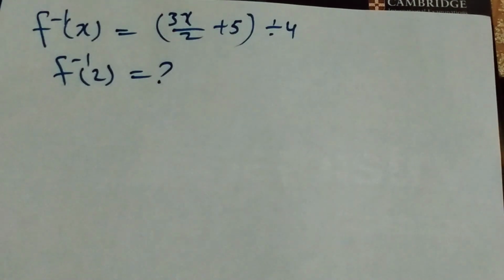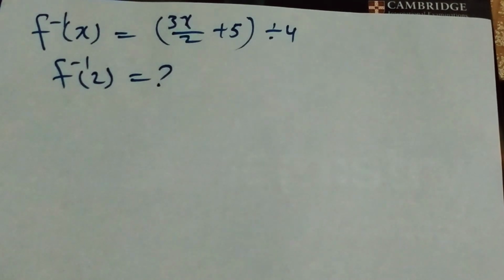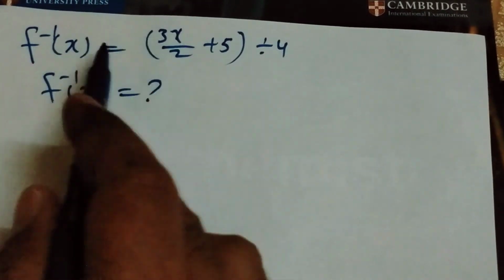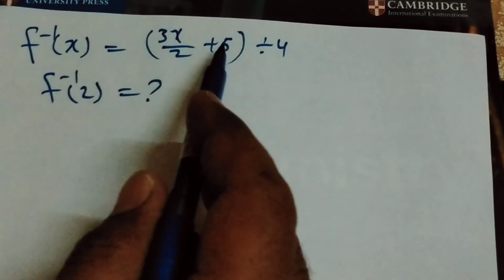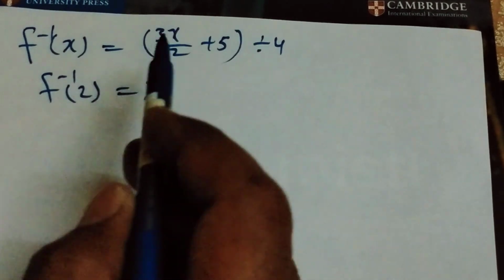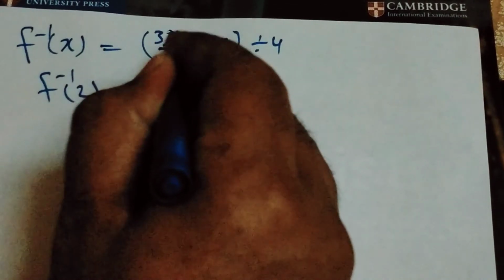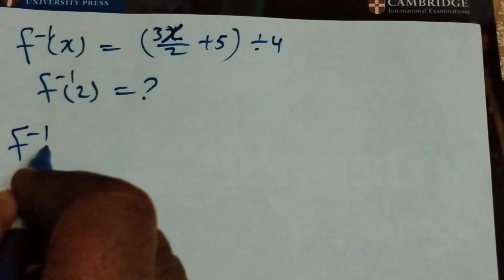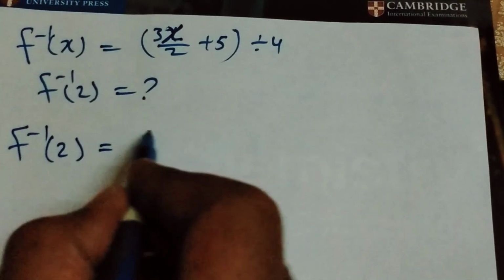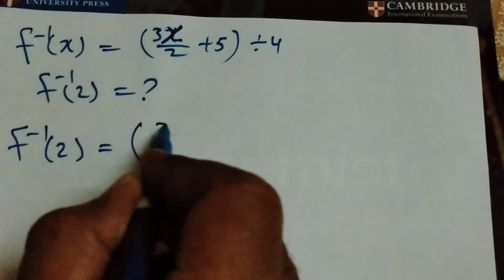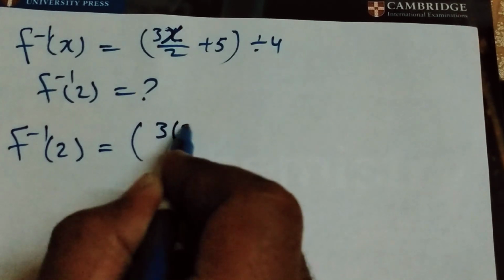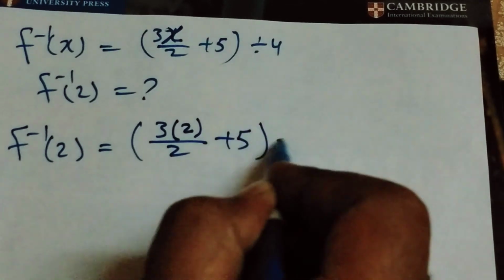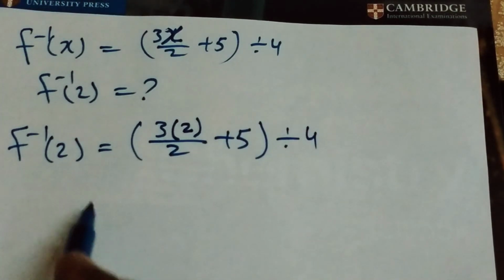My dear, we are going to find the value of f inverse of 2 by using this inverse function. We will put 2 in the place of x. So f inverse of 2 equals (3 times 2 divided by 2 plus 5) divided by 4.